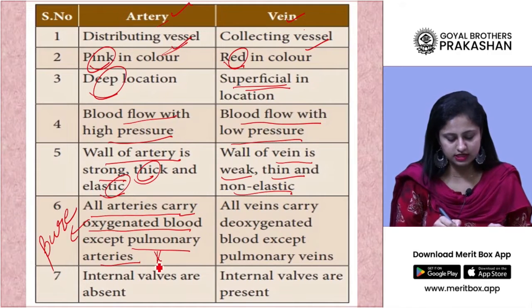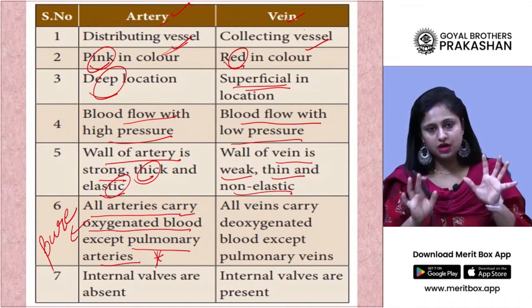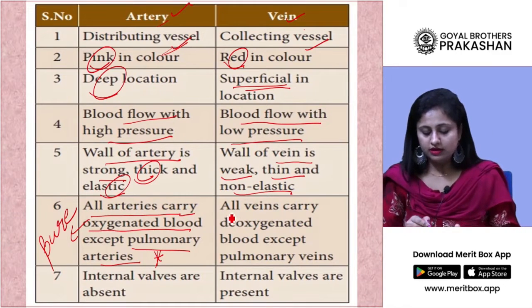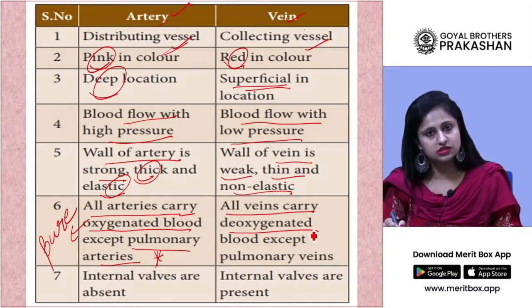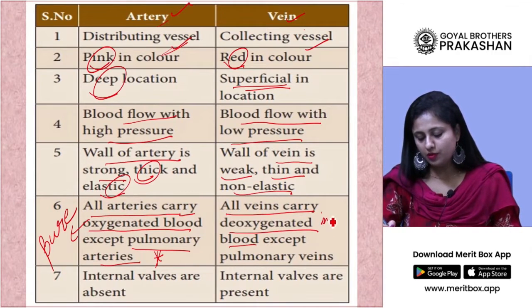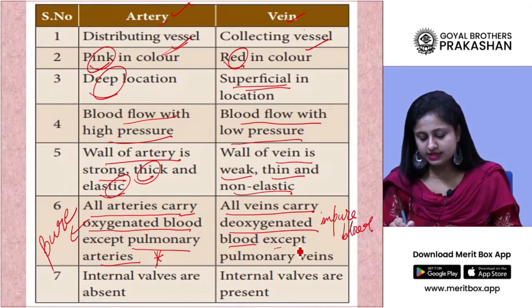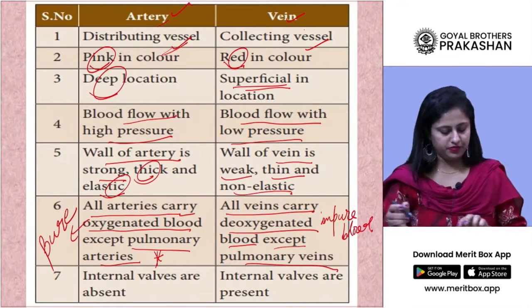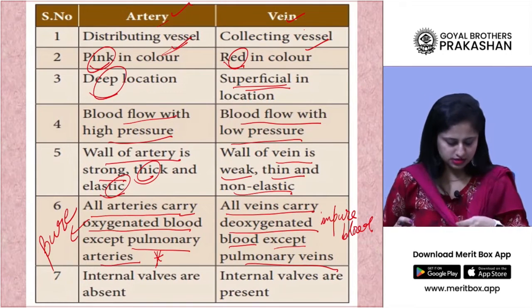Like this, all veins carry deoxygenated blood, that is impure blood, except pulmonary veins. The word pulmonary is related to lungs, as we have already discussed.